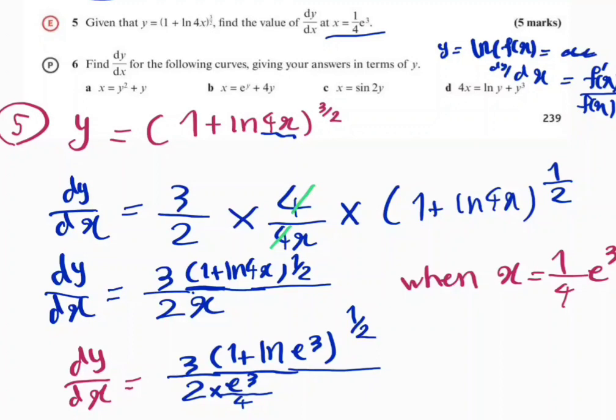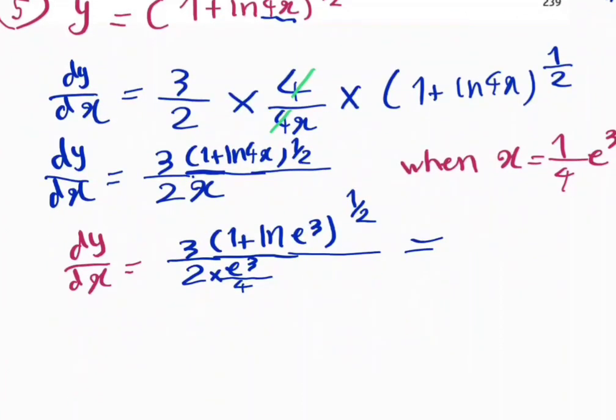Right, now let's simplify this. For this step, these 2 cancel out with this one, and we will get 2 here. And interestingly, inside the bracket, the natural log of e cubed is just 3, because by using the log laws, and since the natural log is the inverse function of e, these 2 cancel each other out, and we will only get 3.